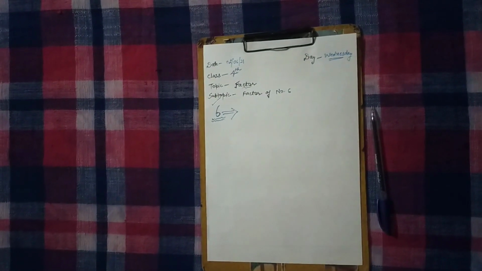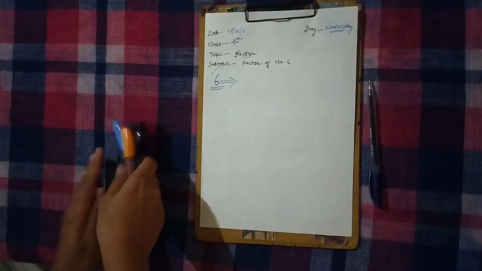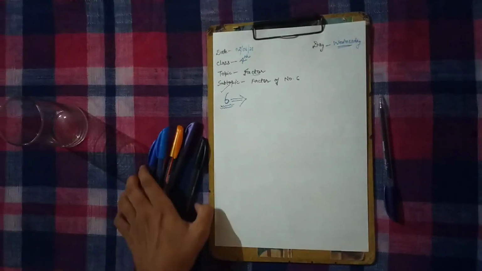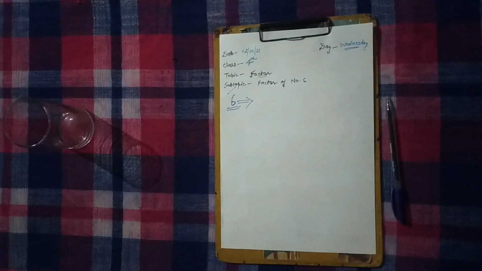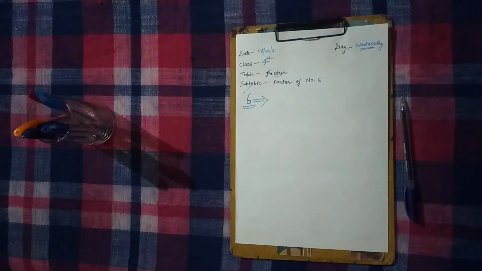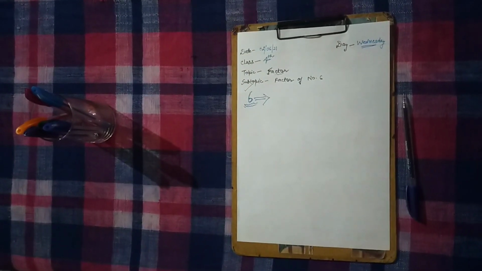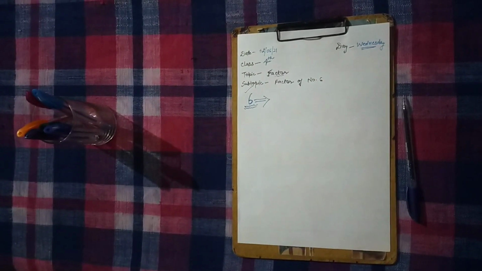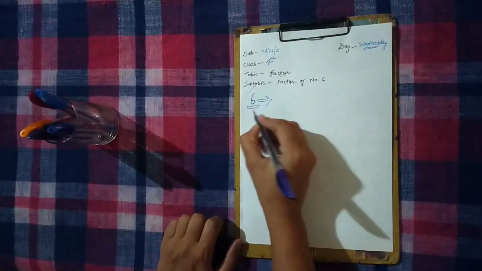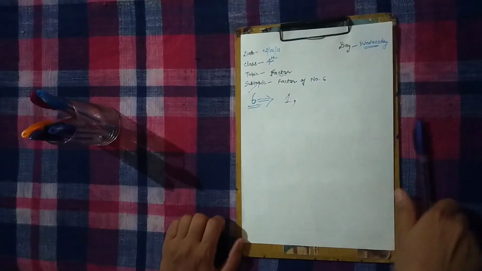First, I will take one glass and put all these 6 pens into one glass. You know very well, 1 is a factor of every number. So the first factor of 6 is 1.